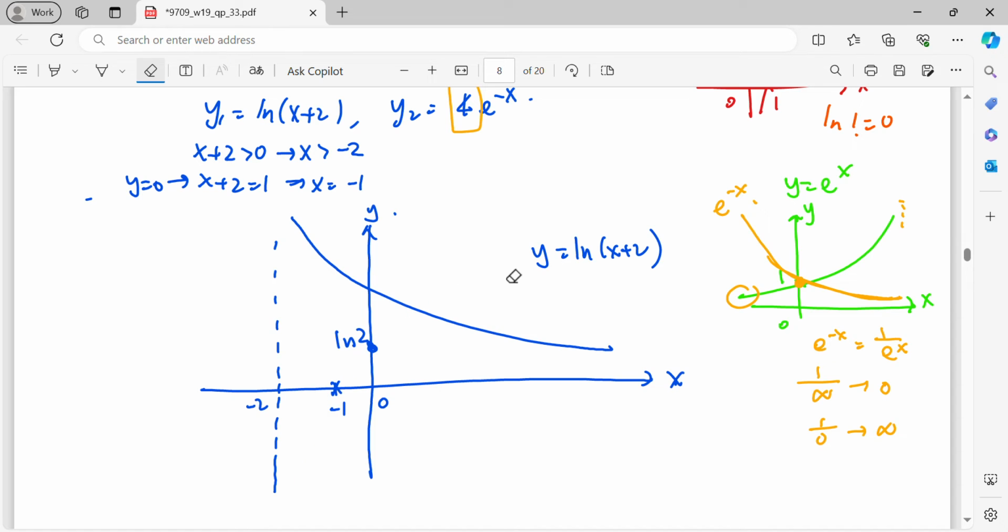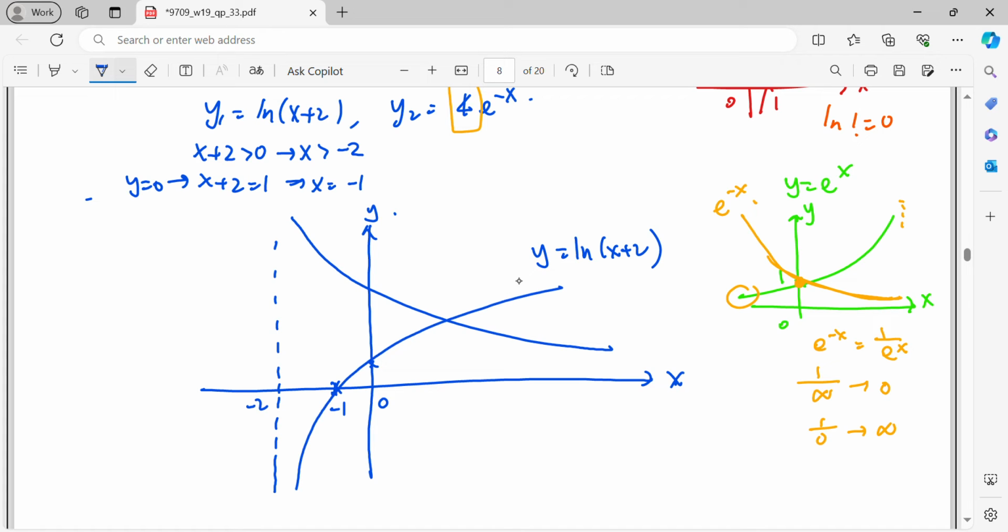So I have to check this graph. So probably this is 4. This is ln 2. Then this is my y equals 4e to the minus x. So it will tend to infinity over here. So this one will tend to 0.